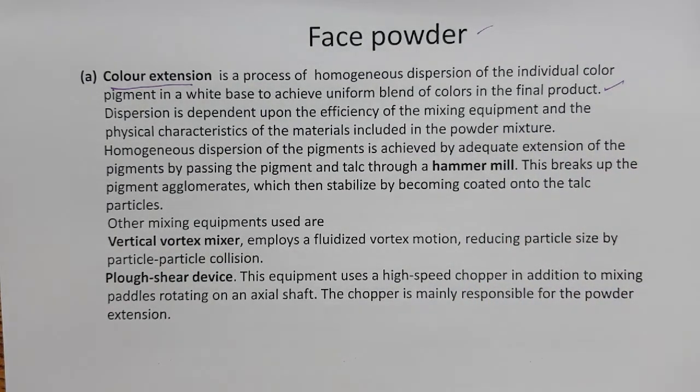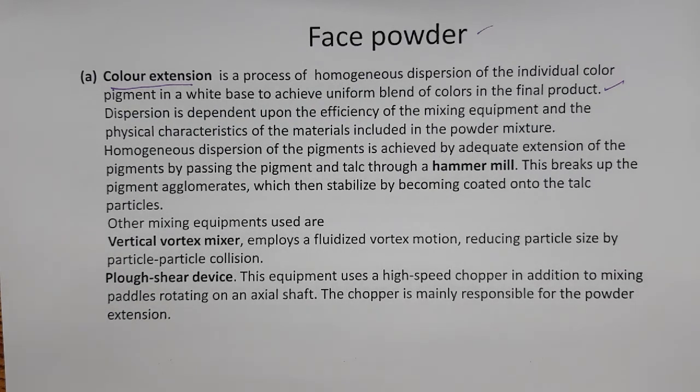You might be using some 4 colors in your powder, but the quantity of color required might be in grams, at a very low level. But when you add it to the entire product, the mixing has to be uniform. It can't happen directly. So what happens? Initially, whatever individual colors you are going to add, it is extended in talc.